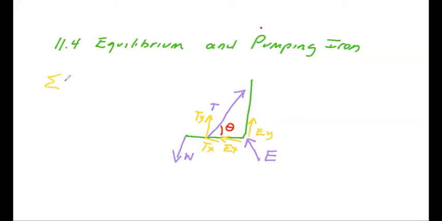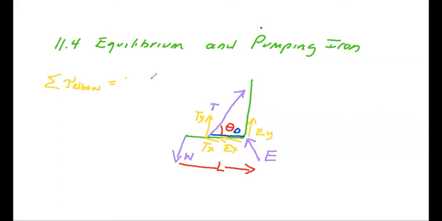The sum of the torques at the elbow is going to equal to... I just have to give you some more things. This length right here is called L, and this length right here is going to be called D. Okay, that should clarify things.